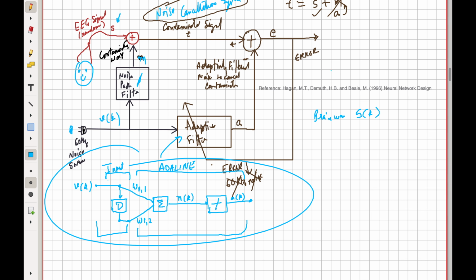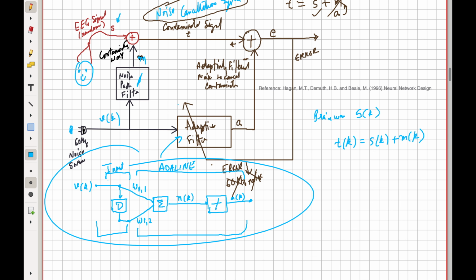And so what the doctor actually records is the target signal, which is TK, and TK is equal to SK plus MK. So as you see above, it is the mix of the actual signal and the noise.